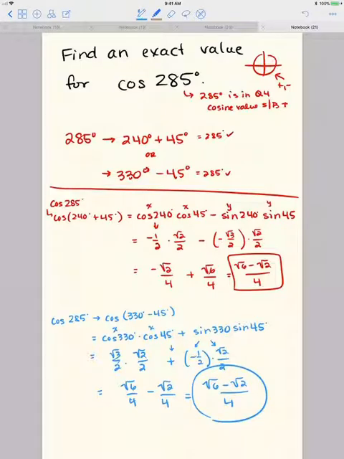Again, same exact answer, but one used a cosine sum formula and the other used the cosine difference formula. But as long as you pick the correct two angles that either add or subtract from your unit circle to the angle that you're trying to find the cosine or sine function value for, you should come out with the same answer either way.